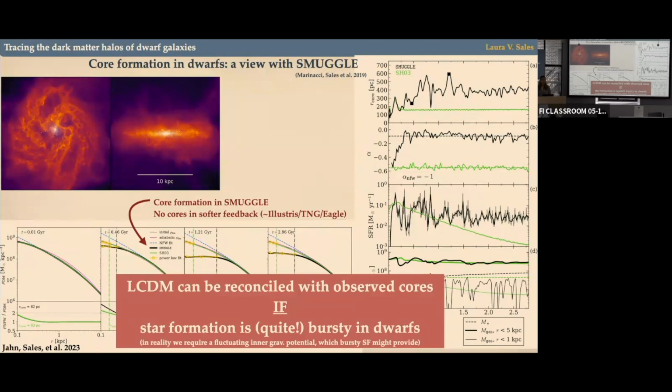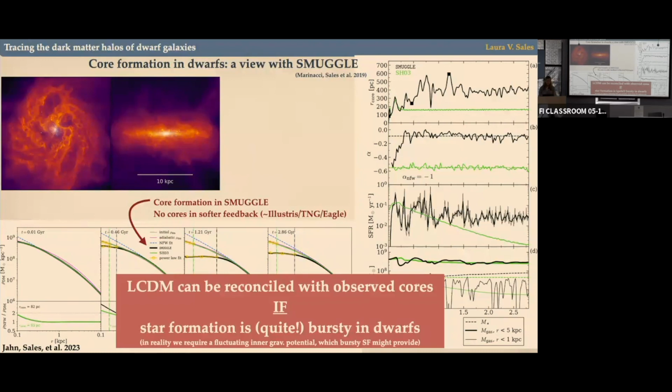We don't know, right? I will pick on FIRE, but other simulations too. If you look at FIRE simulations, they are great, but you do see a level of breathing mode that is unclear whether it is consistent with observations or not. And actually, Alison was showing me their model might not be that bursty, yet achieving cores in any case. So a lot of interesting things moving on now.